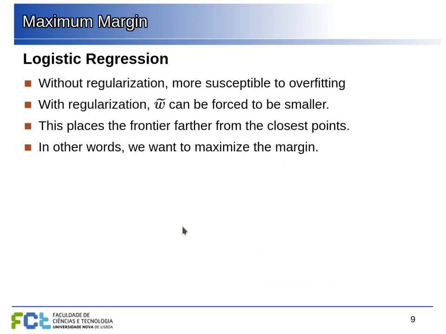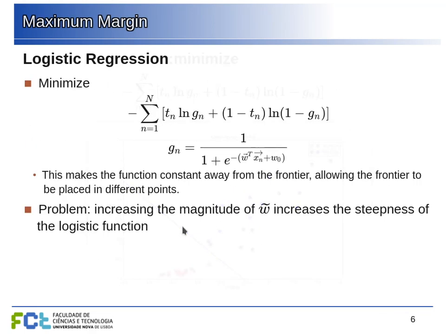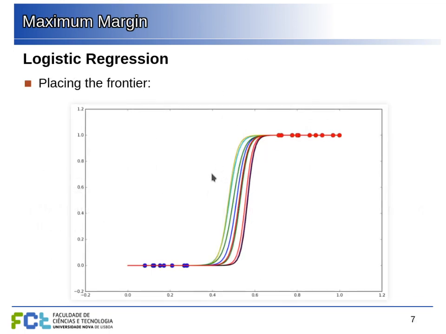So what we can do with regularization in logistic regression, since we have this sigmoid function, is force these parameters w to be smaller, so the function will increase from 0 to 1 at a lower rate, and the inclination here will not be as strong.